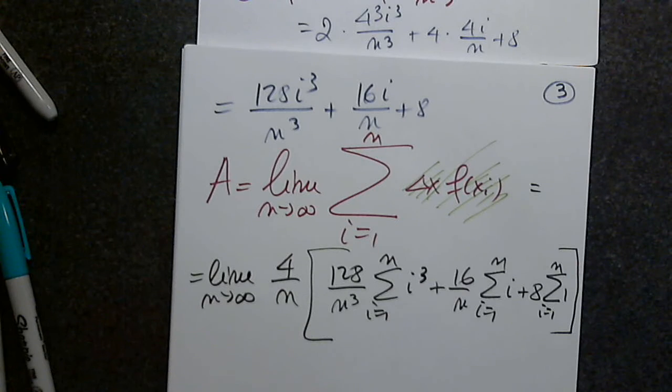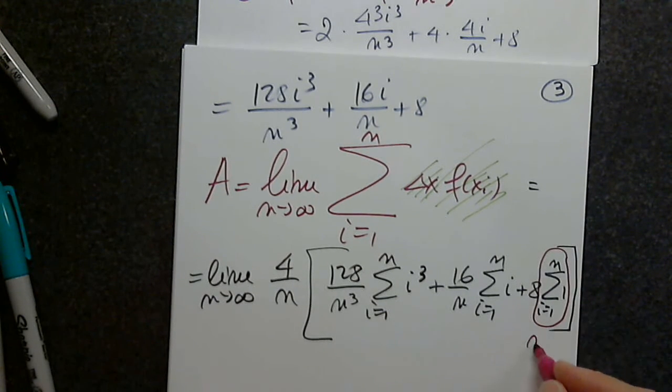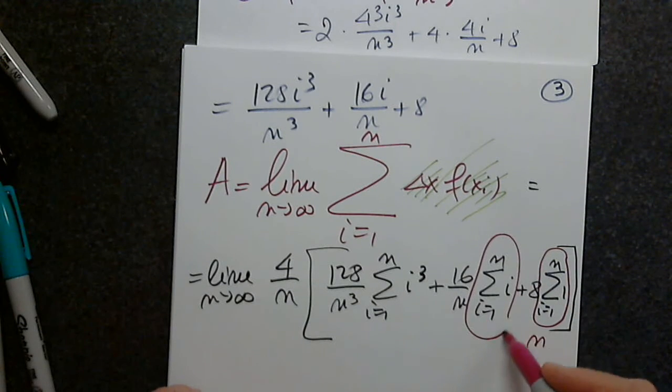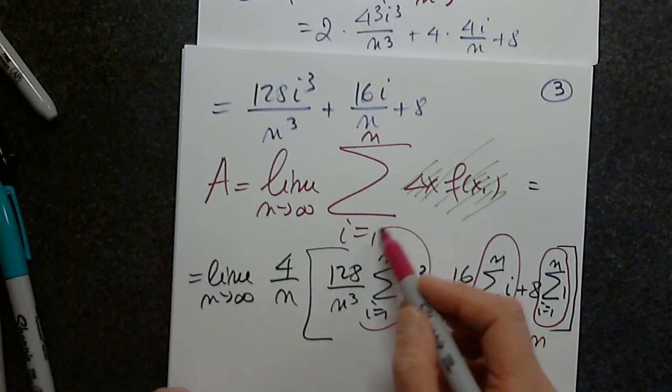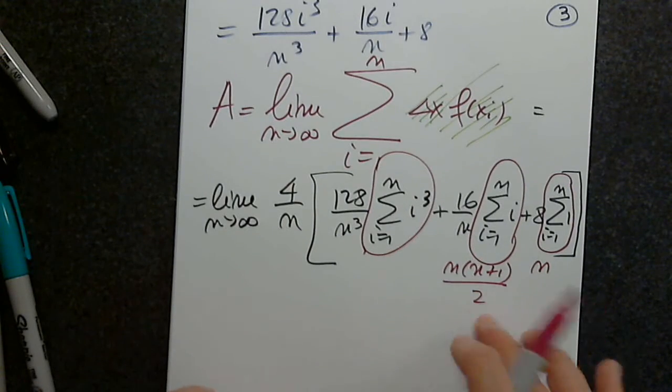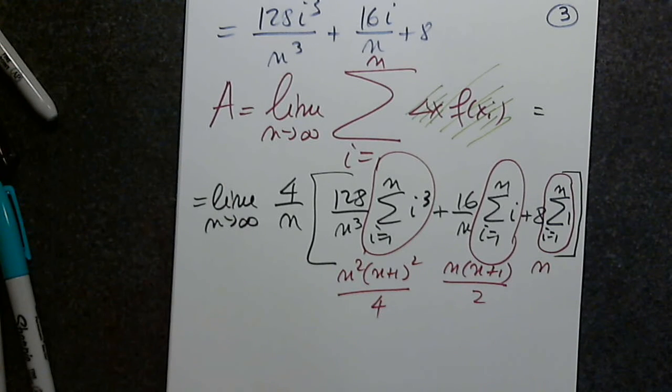So I replace this piece by n, this piece by n times n plus 1 over 2, and this piece by the same thing but squared: n squared times n plus 1 squared over 4.